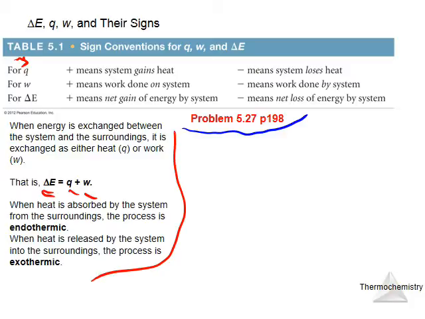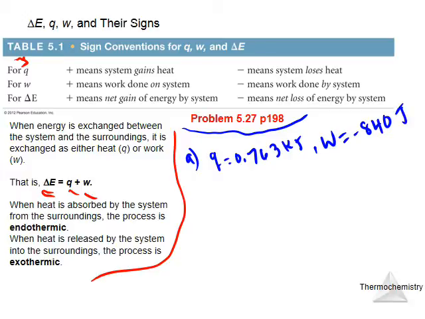A, Q is given as 0.763 kilojoule, and W is minus 840 joule.